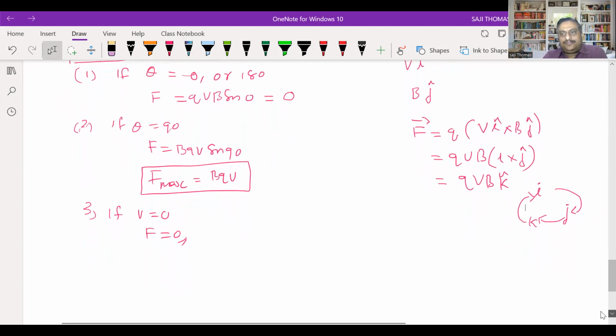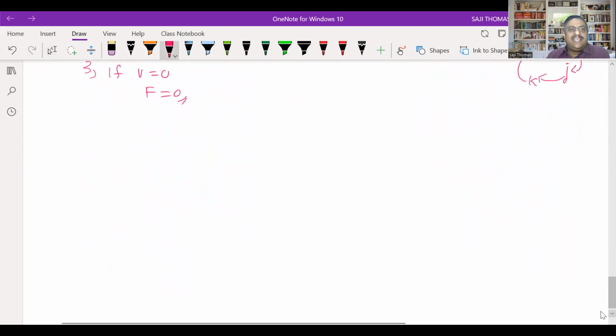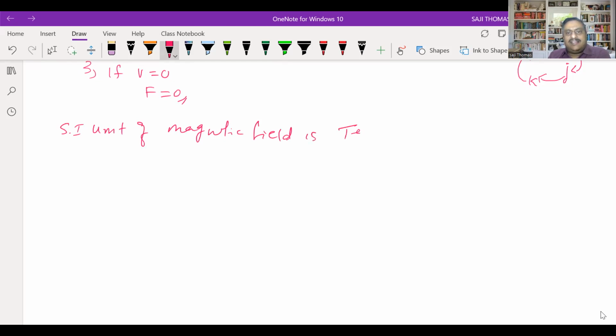Now, we can define the SI unit of magnetic field from this equation. The SI unit of magnetic field is Tesla, capital T. See, the force equation is F equals BQV sin theta.